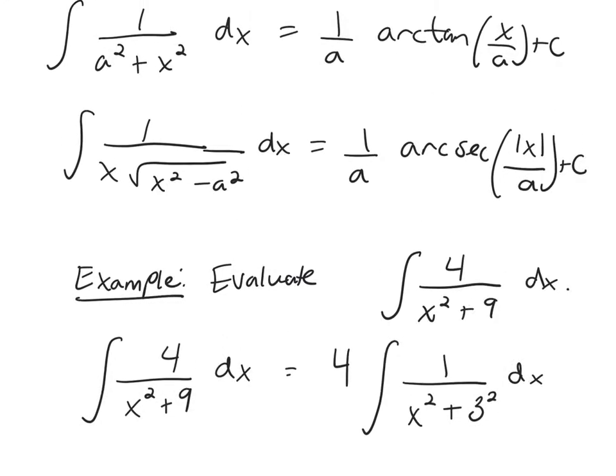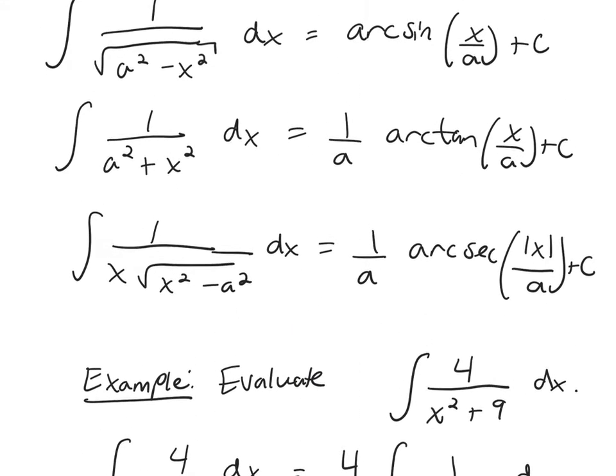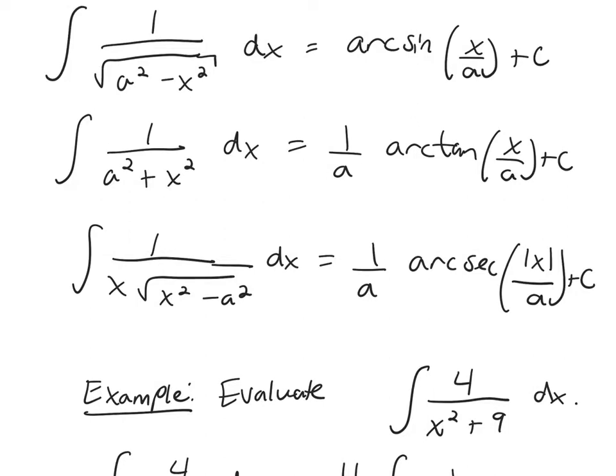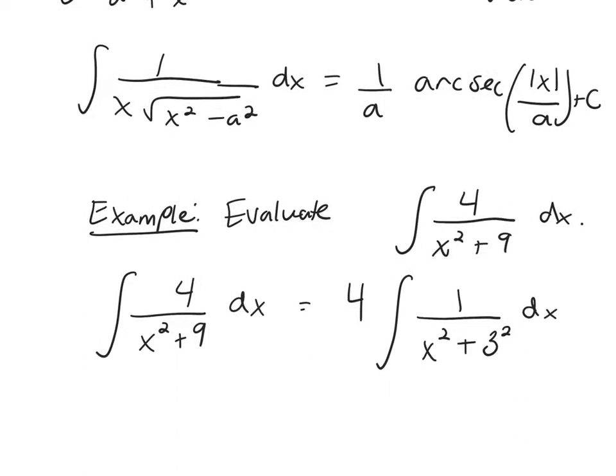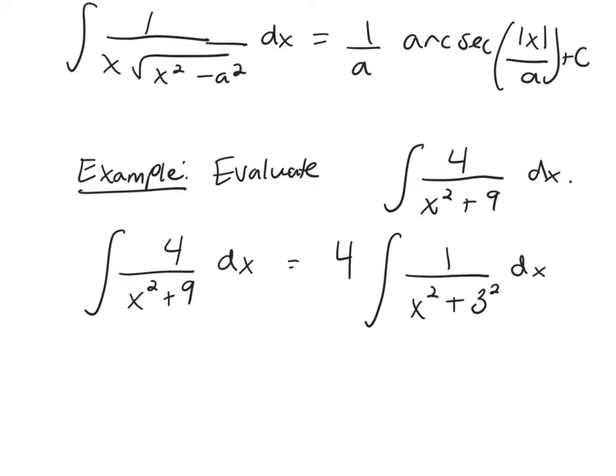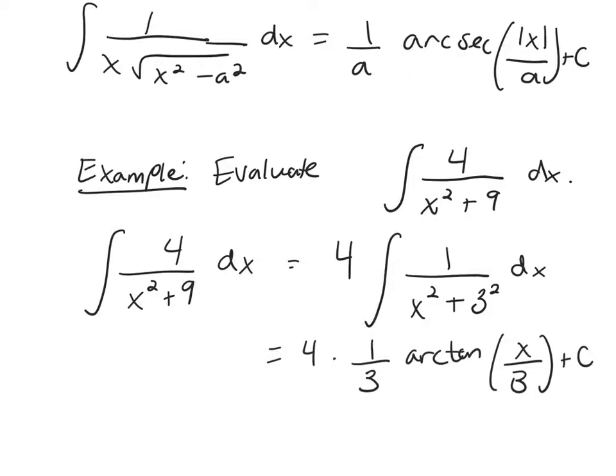Let's look back. Which one does it look like? It looks like arctangent, where a is 3 here. So you're going to get 4, and then it was 1 over a, so 1 over 3, arctangent of x over a, x over 3, plus c.